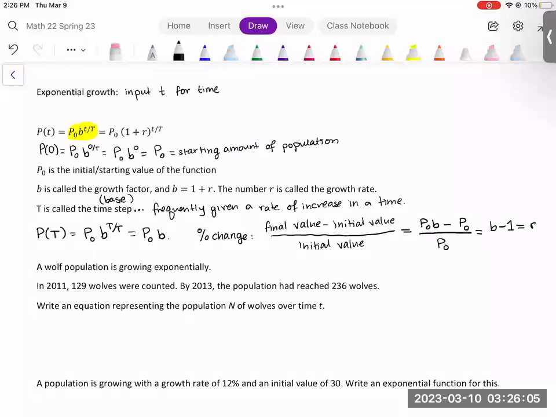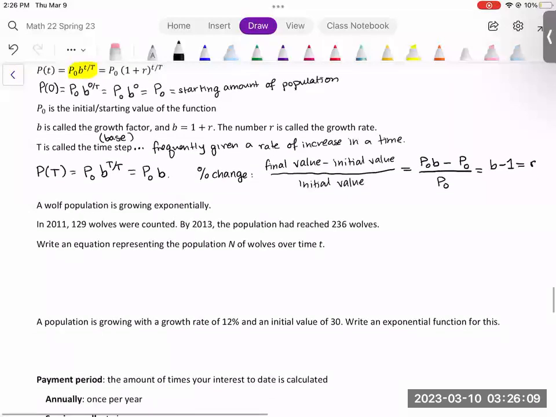Okay, so let's take a quick look at a couple of examples of this, and then we'll look at this in the context of money. Imagine that we have some wolf population that is growing exponentially, and in 2011 we have 129 wolves, and in 2013 we have 236 wolves. We'd like to write an equation that represents our population of wolves over time.